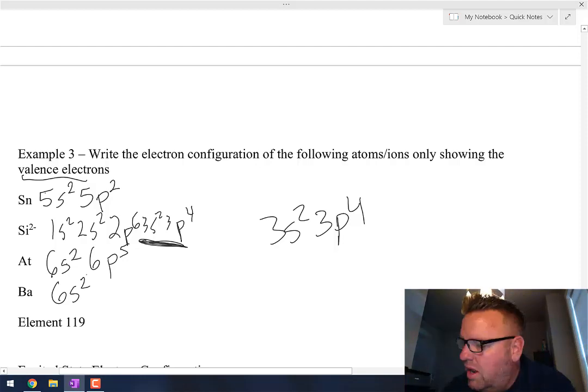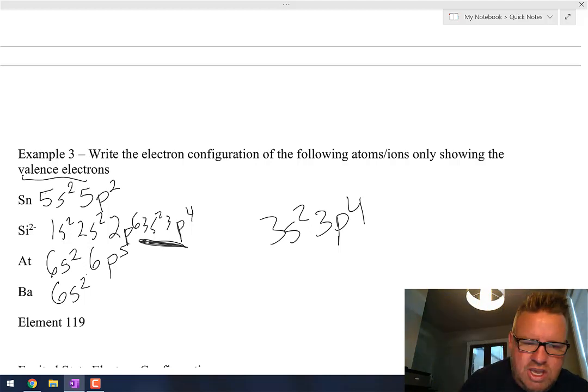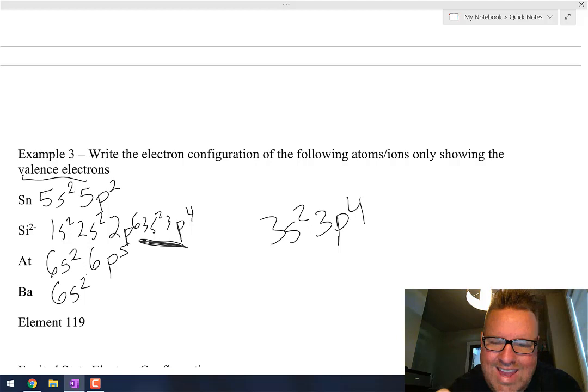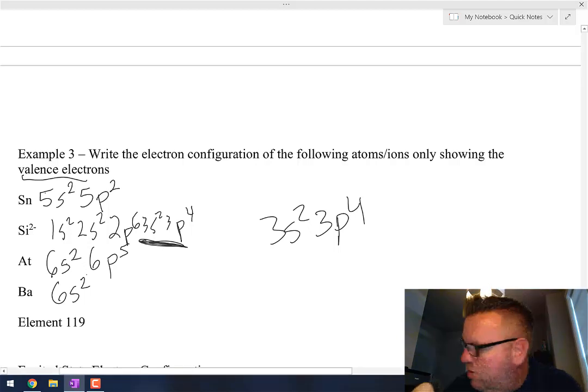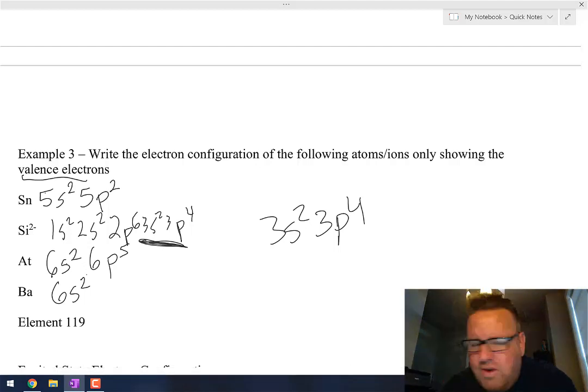And then our last one, element 119, is like, wait a minute, that's not even on the periodic table. You're right. But where would it be if it were on the periodic table? You just keep counting. So as you go across the bottom there, you do get to element 118, which is right below number 86. And so where would you go after that? Well, where do you go after element number 86?